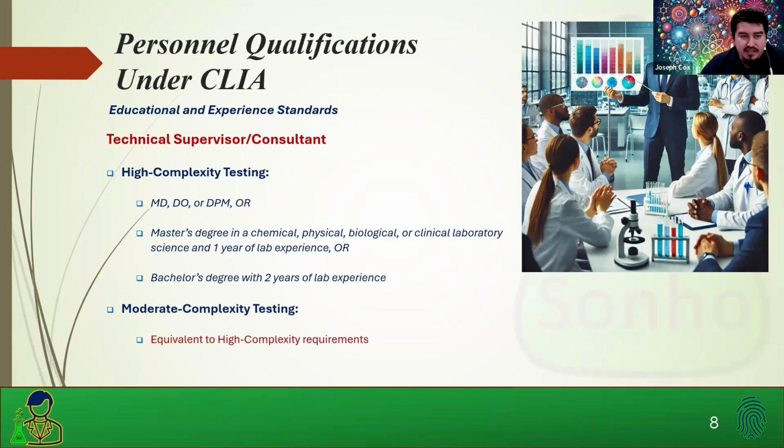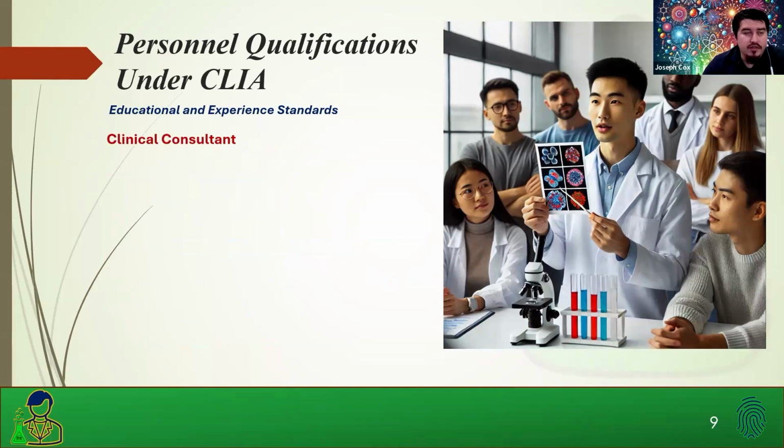The moderate complexity is equivalent to the high complexity requirements for technical supervisor and technical consultant. So CLIA doesn't differentiate for moderate and high complexity when it comes to being a supervisor. So as you move up the ranks, as you move up the degrees of the chain, the hierarchy, there are more and more requirements.